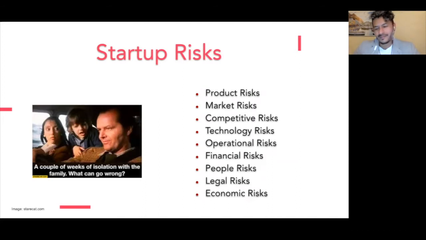But most businesses will have product risk, market risk, technology risk, operational risk, financial risk, people risk, legal, and economic. And that's why we tend to build teams with specific skills. That's why we tend to split a business into different departments, so we can focus on a specific risk.